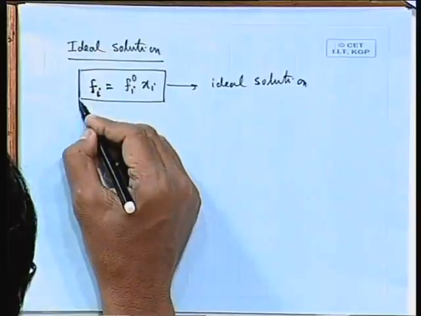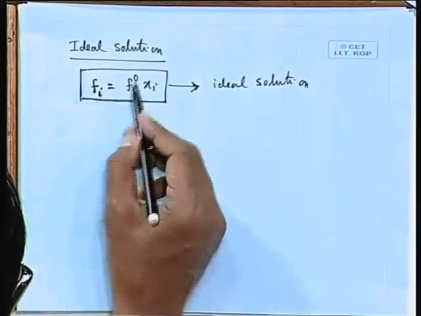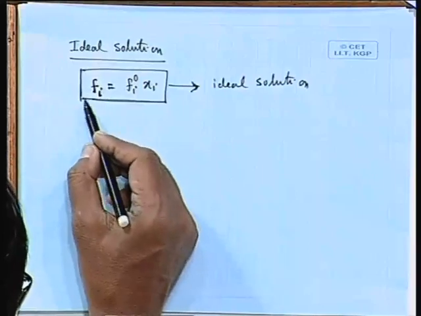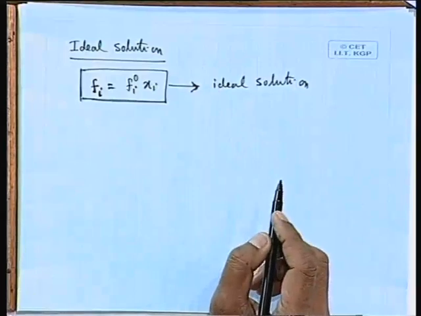That means in an ideal solution the fugacity of any component equals the fugacity of that component as a pure component at the same temperature, pressure and state of aggregation as the solution, times the mole fraction. So this simple relationship holds good for an ideal solution, or in other words, when for each and every component in a solution this equation is valid, we call this solution an ideal solution.